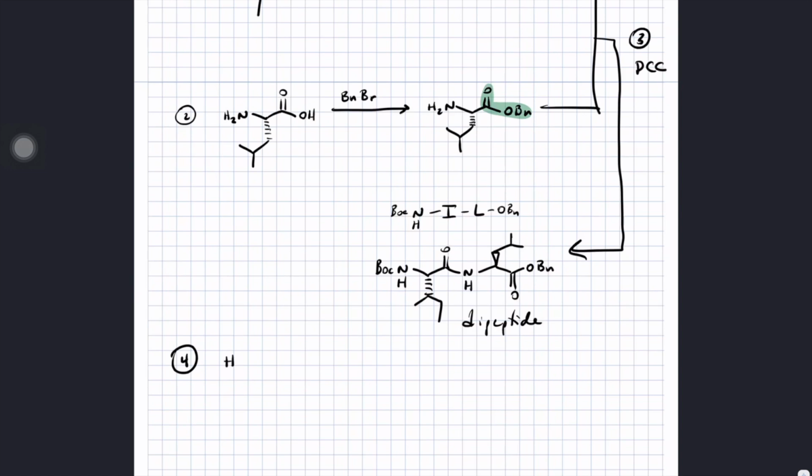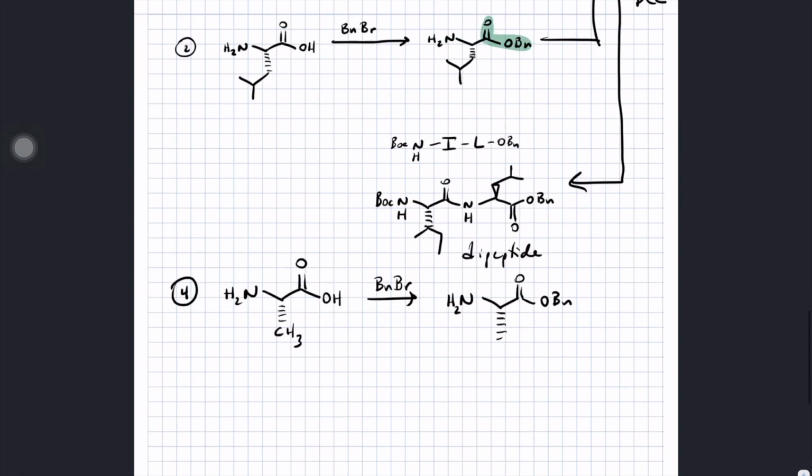to take alanine, oops, wrong stereochemistry. I'm going to take alanine and we're going to use benzyl bromide to protect the alanine carboxylate group as the benzyl ester.